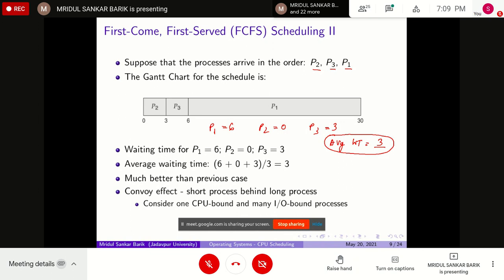So FCFS, this is one such effect which is called convoy effect. If short processes are behind long processes, then we call it convoy effect.